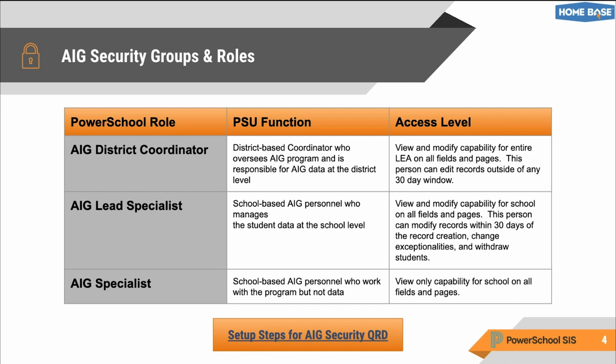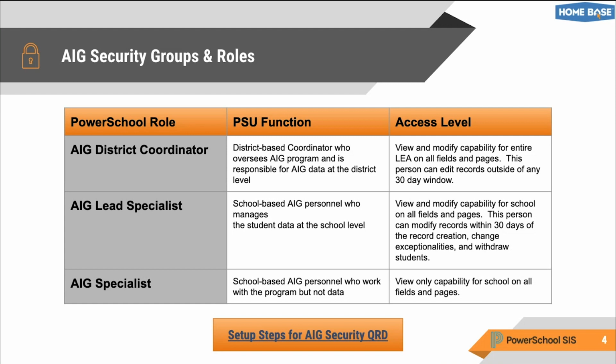And linked on this slide at the bottom is the setup steps for AIG Security QRD. This QRD goes more in depth into how to set up these roles and security groups if they are not already set up. And it also goes more into depth about how to assign the roles and how to assign the security groups within your district or PSU.